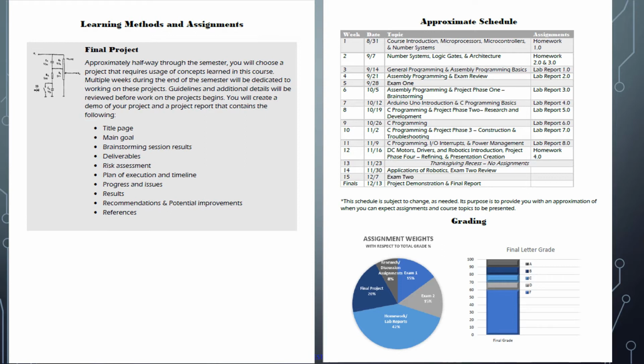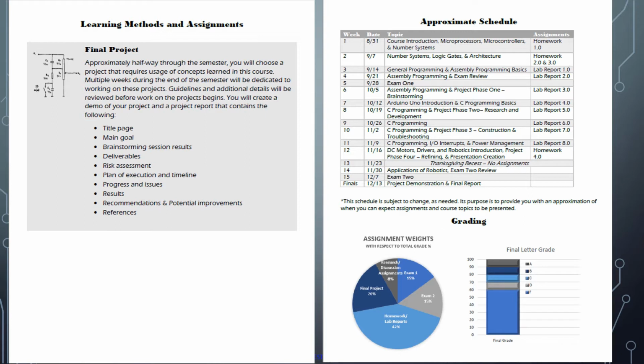On the right side there, you'll see my grading scale. It's pretty straightforward. Anything 0 to 60 is an F, 60 to 70 is a D, 70 to 80 is a C, 80 to 90 is a B, and 90 to 100 is an A. I don't really mess around with the plus and minus grades. I just do straight letter grades.